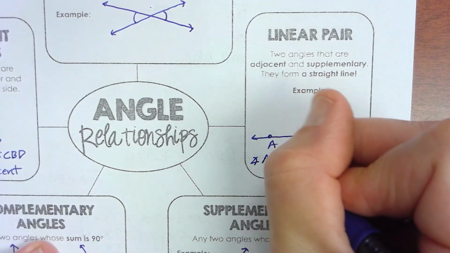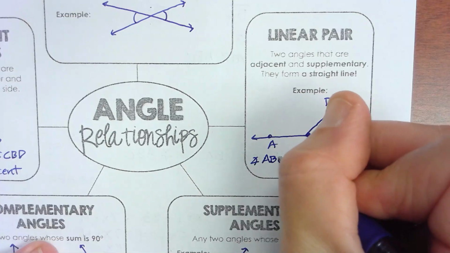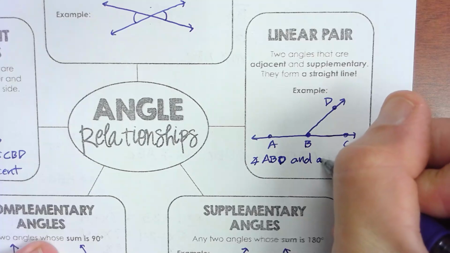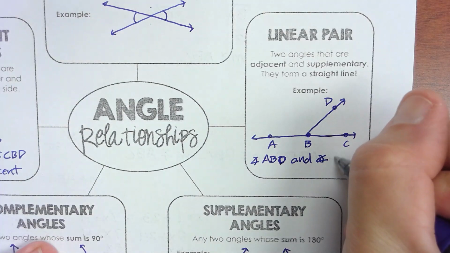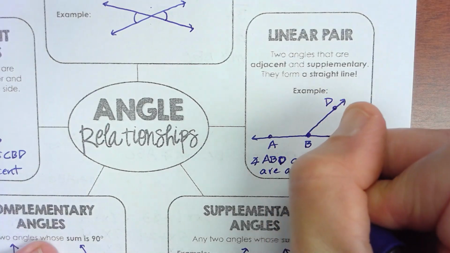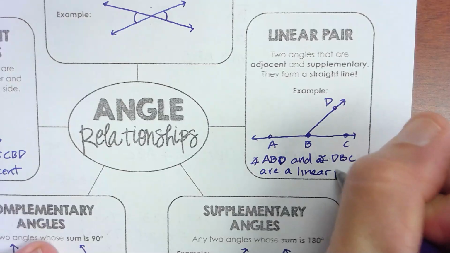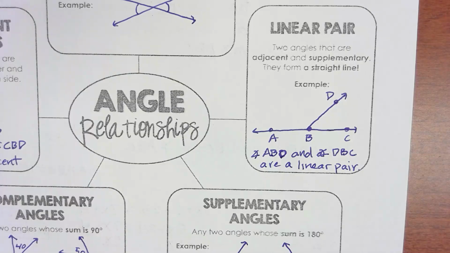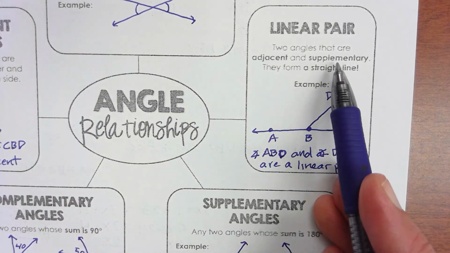Angle ABD and angle DBC are a linear pair. And that just means that they add up to 180, they're supplementary, right?